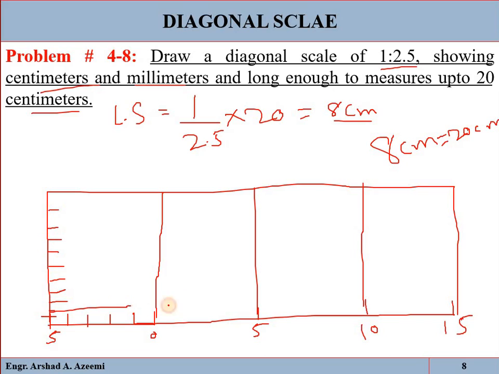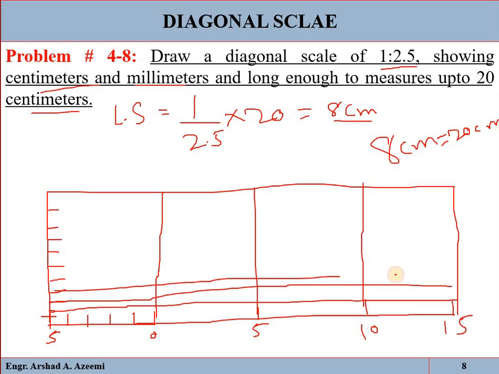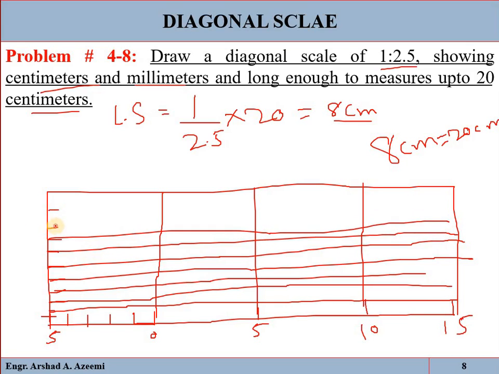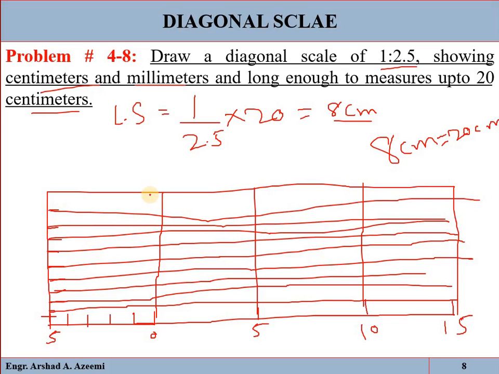Okay, so see, then just draw these parallel lines up to here. 1, 2, 3, 4, this is 5, 6, 7, 8, 9 and 10. And also divide this portion into 5 equal parts.